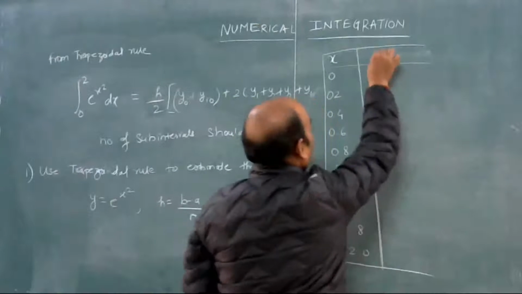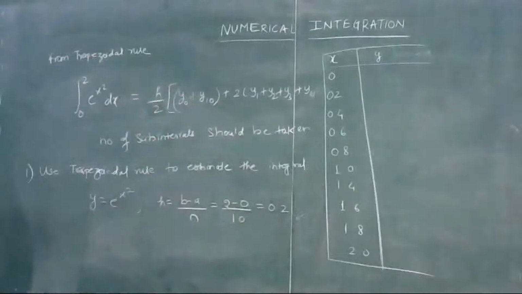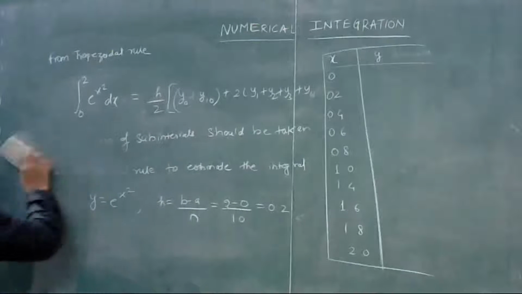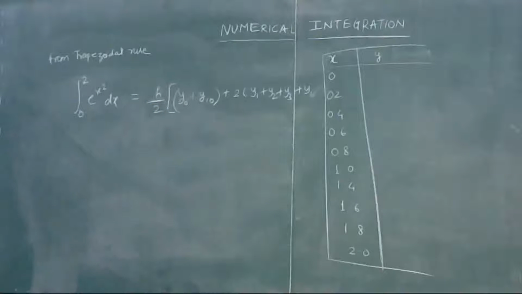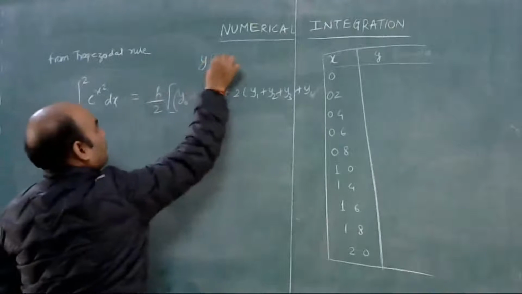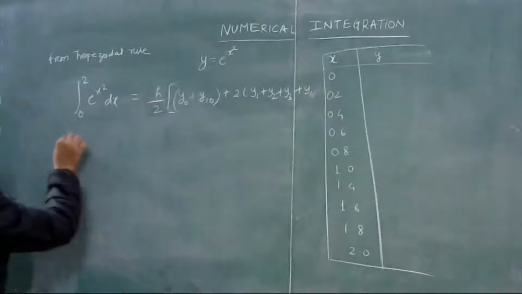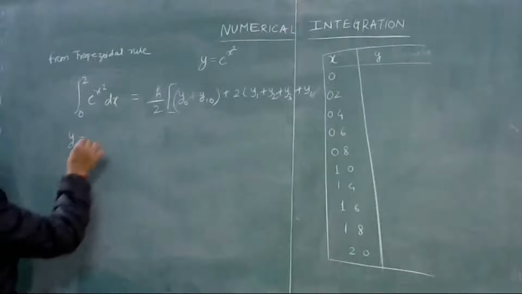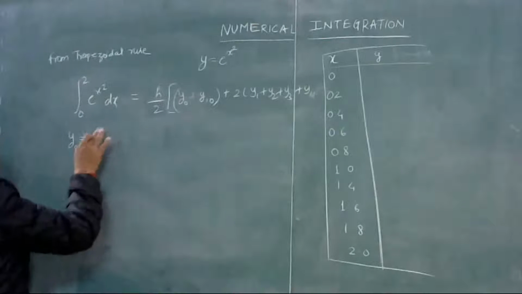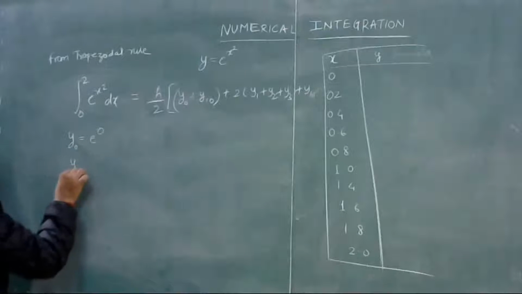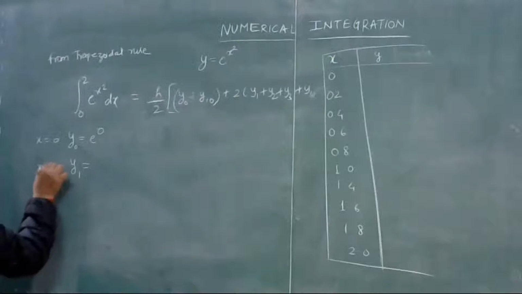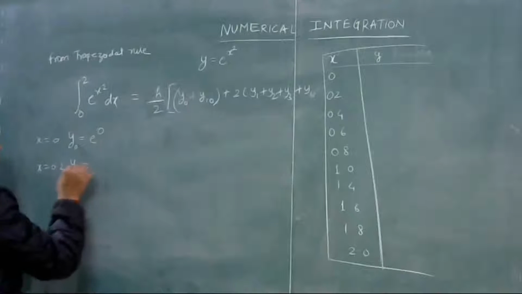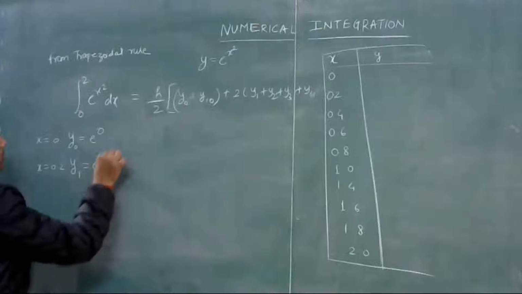Then the corresponding value of y. The value of y is equal to e to the power x square. So y0 will be equal to e to the power 0. Then y1, when x is equal to 0.2, is e to the power 0.2 whole square.